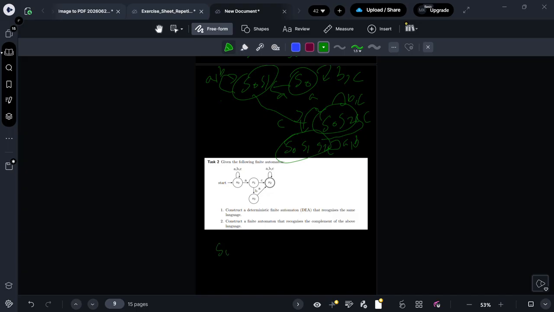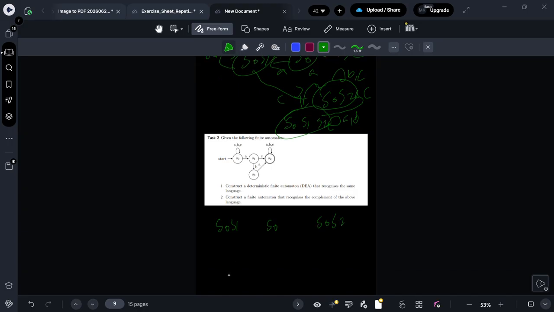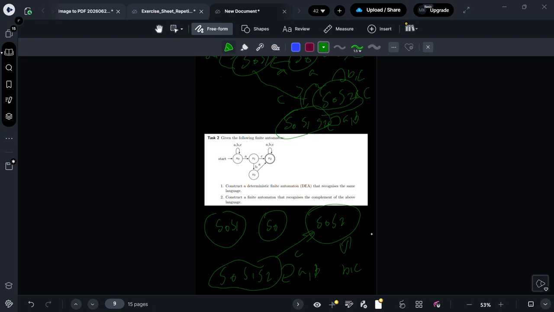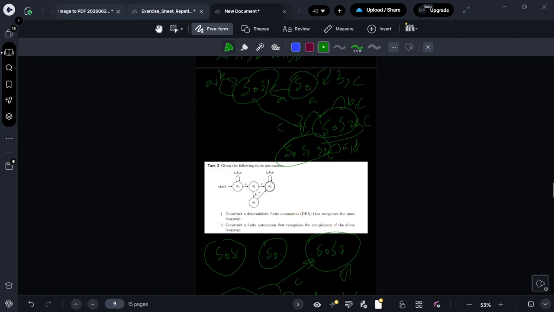It looks like S0, S1, S0, S2, S0, S1, S2, where this goes to itself reading A, B, and it goes to S0, S2 reading a C. It goes reading on its own B, comma C. It goes to S0, S2.